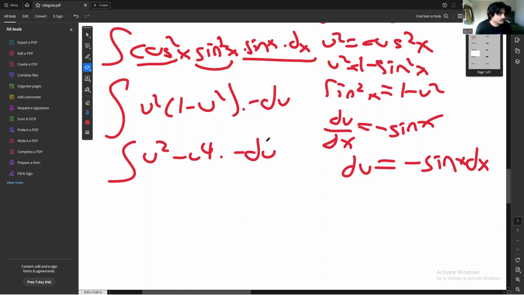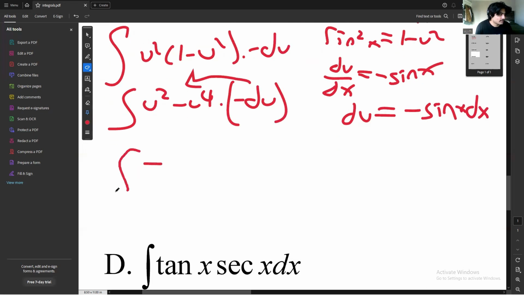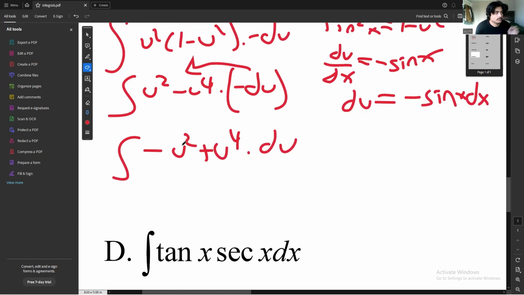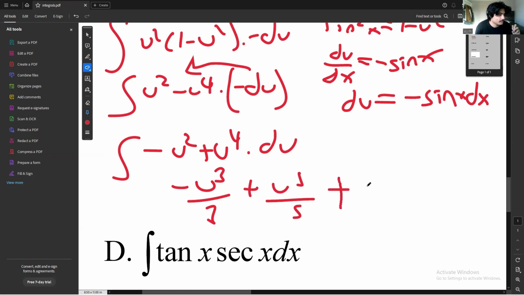I just want to multiply with negative 1, so I end up with negative u square plus u to the 4th power times du. Now we're simply integrating it. So it's going to be negative u to the 3rd power divided by 3 plus u to the 5th power divided by 5 plus c.